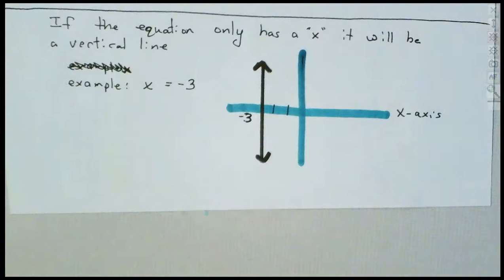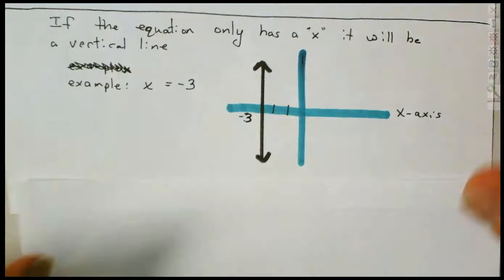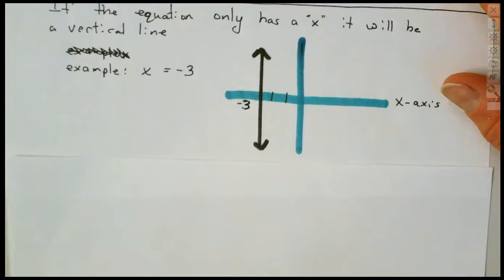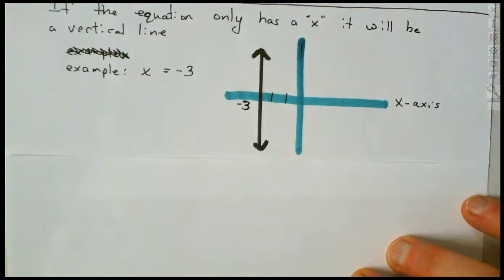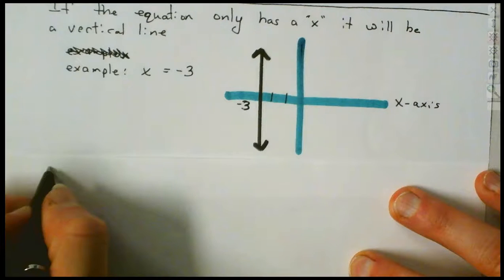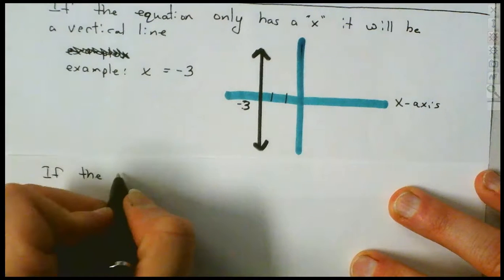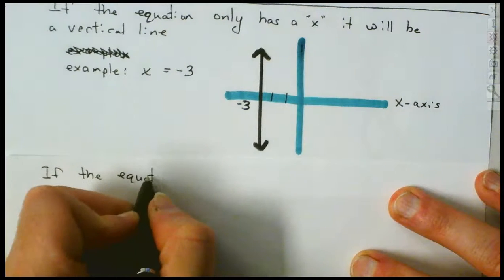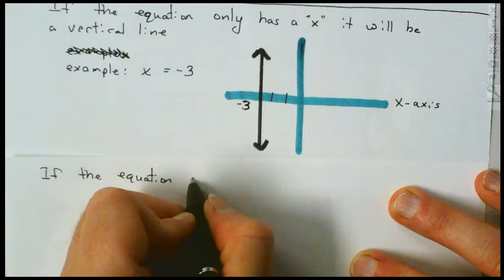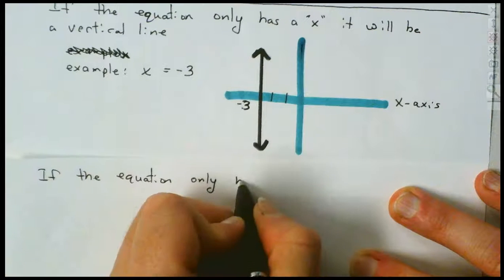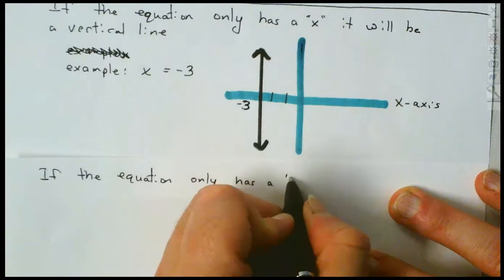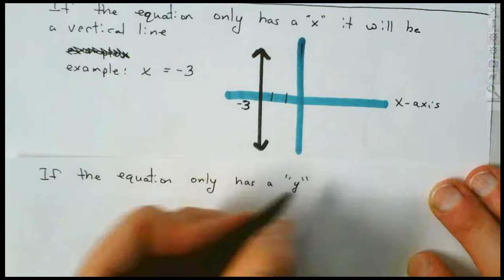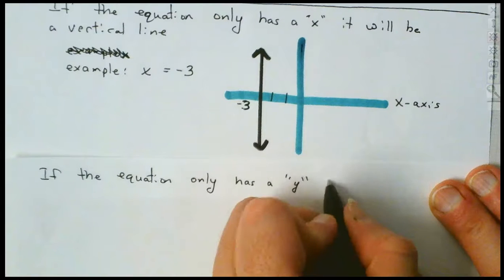And the last one is if the equation only has a y. It's going to be a horizontal line.